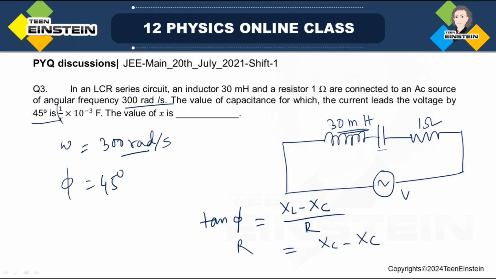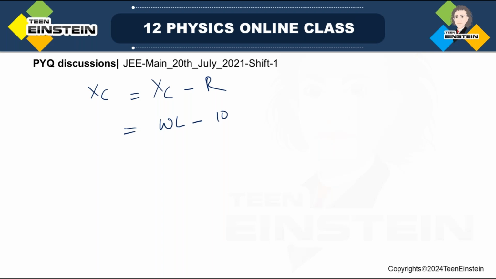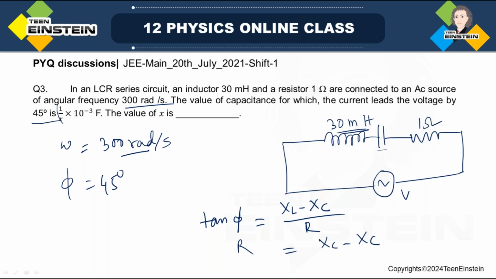Xl is omega into L, and r is 1 ohm. The resistance is 1 ohm, so the whole thing will be in ohm only. Omega is 300 radian per second, which is the angular frequency.